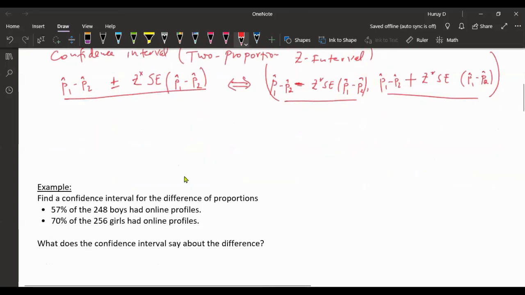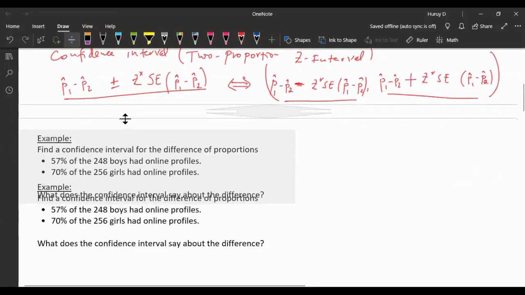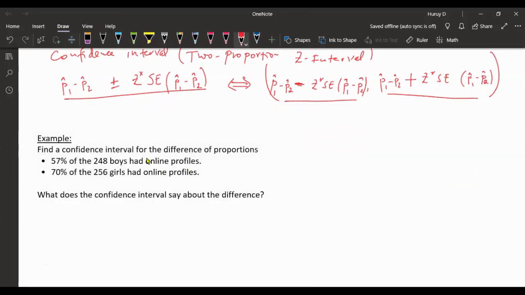Now let's look at this example. We have the formula, and here we have an example. I didn't put the whole example because we can understand just from this. Here we have 57% of 248 boys.